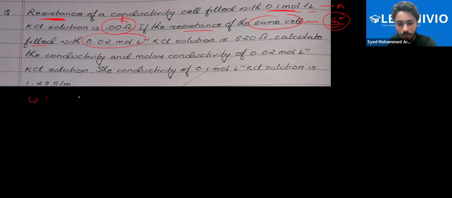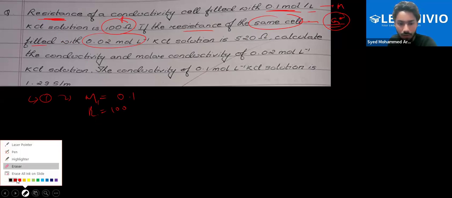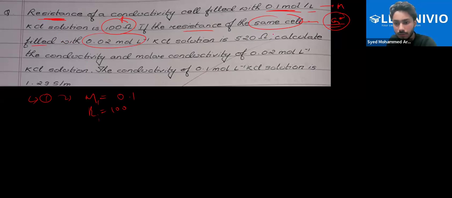The first: M1 equals 0.1 and resistance R1 equals 100. In the second cell, M2 equals 0.02 and resistance R2 equals 250.